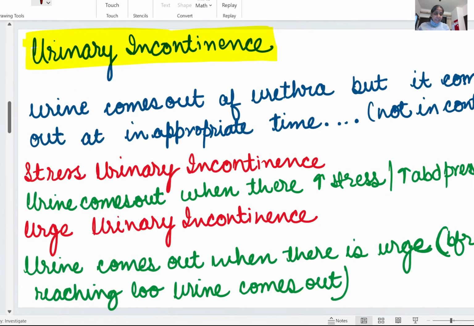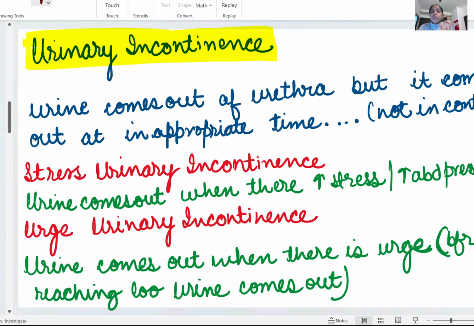Now let us study urinary incontinence. We will take a very superficial view of urinary incontinence. First of all, what do you mean by incontinence? Incontinence means that urine is coming at an inappropriate time.